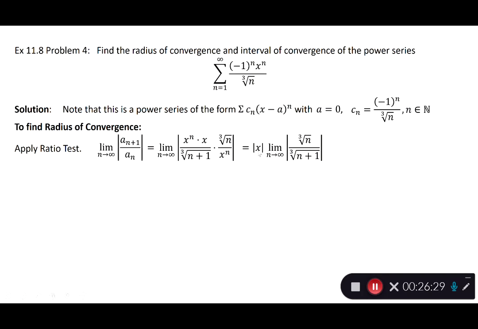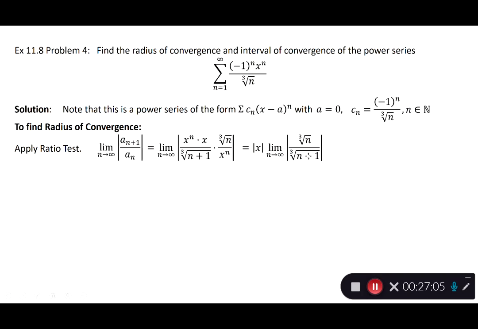So am I claiming that the absolute value of x, which is a constant multiple, I can pull out like that? Well, yes. But I thought you said x is a variable. Yeah, but in this context of taking a limit as n approaches infinity, the variable is n. So you can treat x as a constant. That's why we could yank it outside of the limit. That's the concept. Okay, so we pull this out.